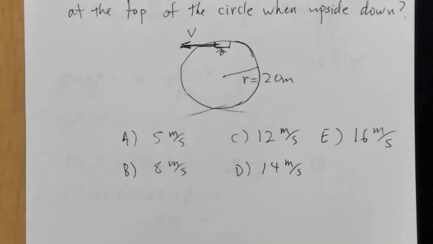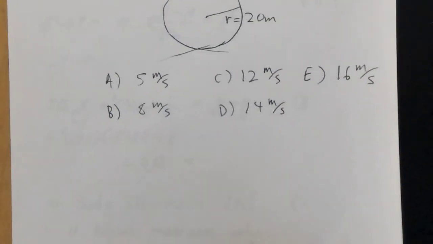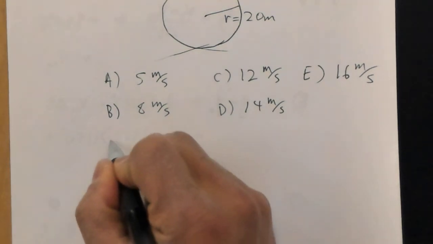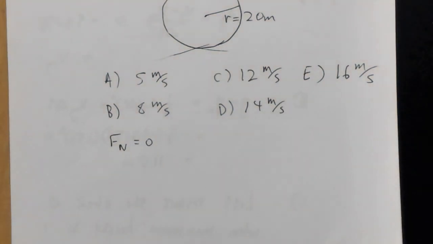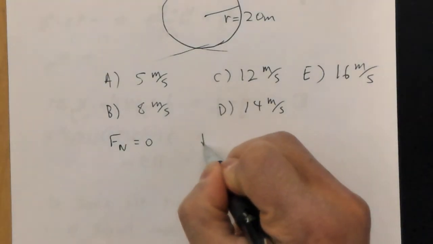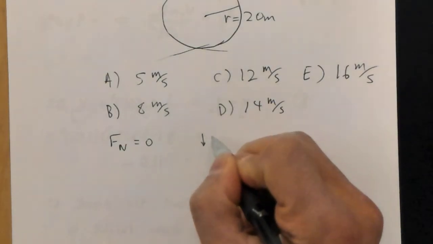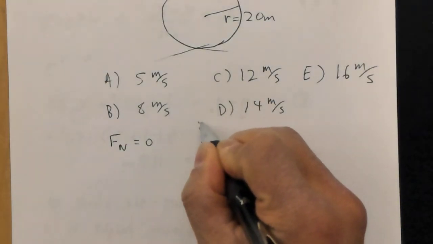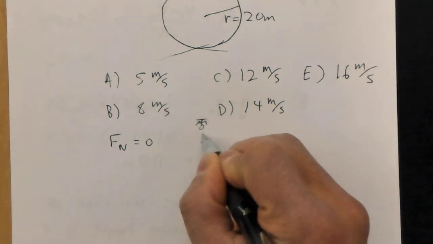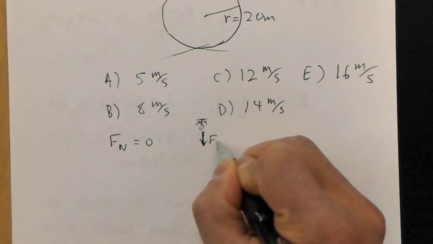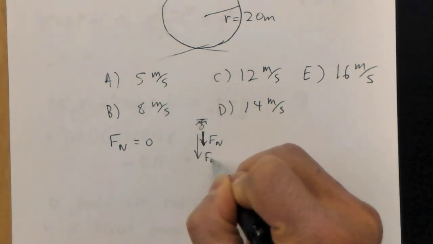Let's take a look. As I said, the normal force is going to be 0 when we're at the minimum speed. So in general, the person is being pushed by the normal force of the seat and the force of gravity.